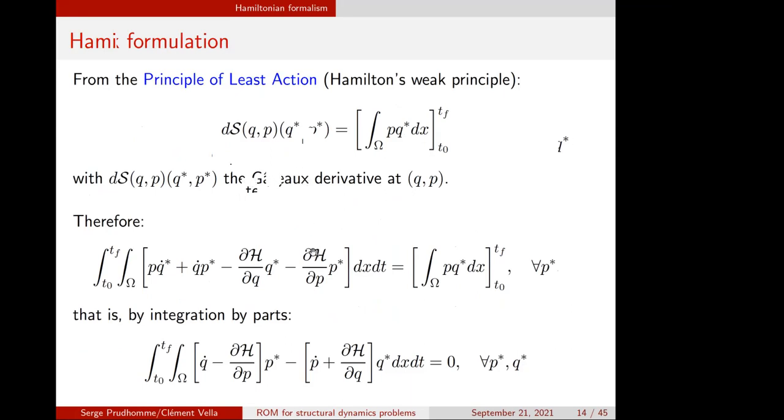What we have essentially is a system of two equations, and here I'm showing the test function in magenta. So we need to satisfy this weak form for every P star and this equation for every Q star. So in the Hamiltonian formalism, we now have a system of two equations.